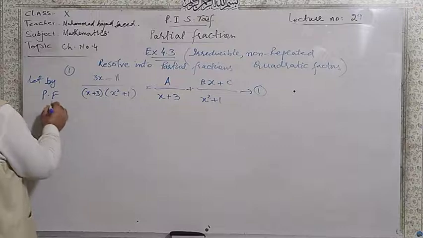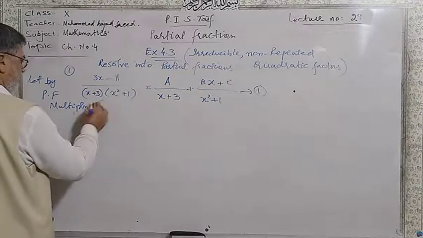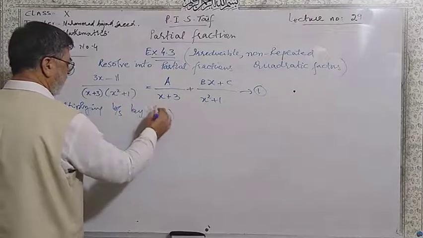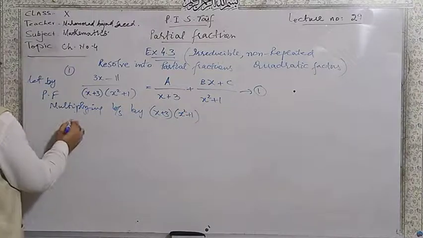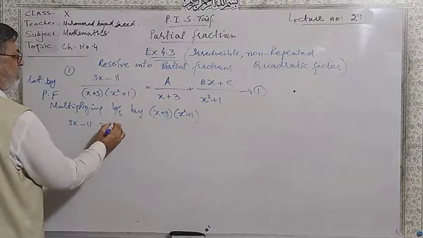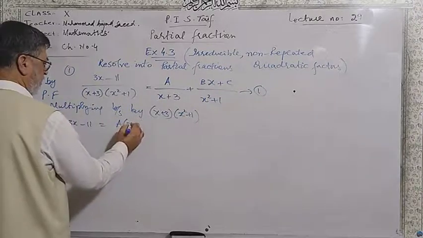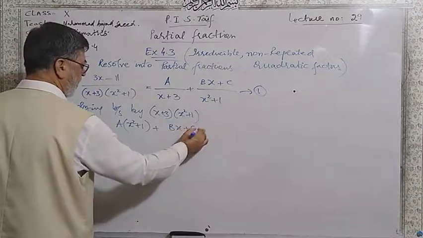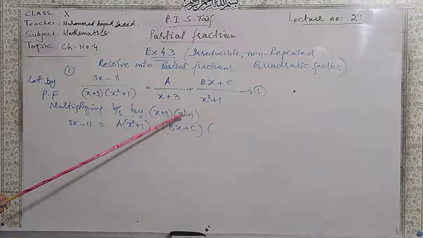So multiplying both sides by (x plus 3) into (x square plus 1), 3x minus 11 is equal to A into (x square plus 1), as x plus 3 cancelled out, plus (Bx plus C) into (x plus 3), as x square plus 1 cancelled out.